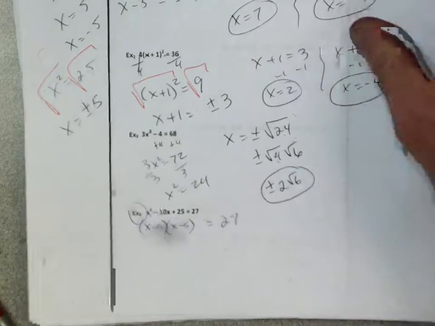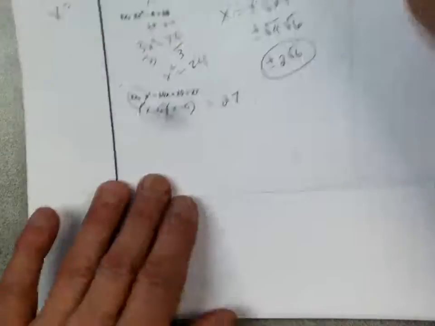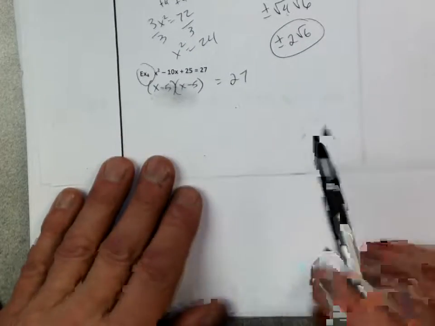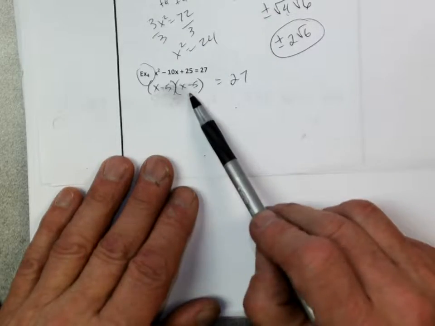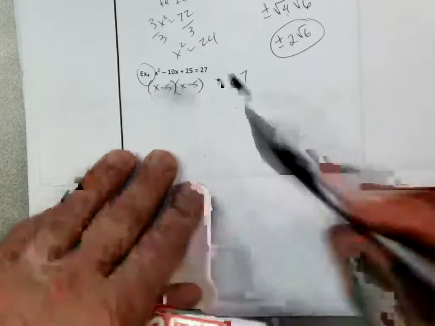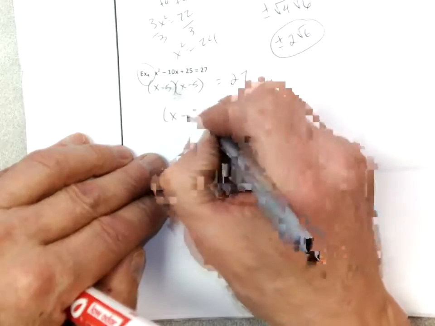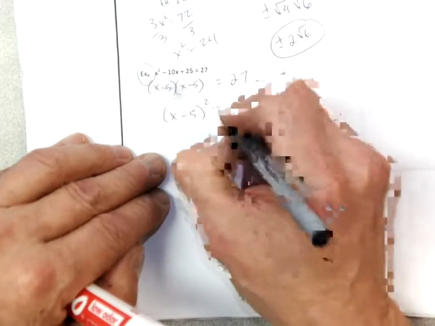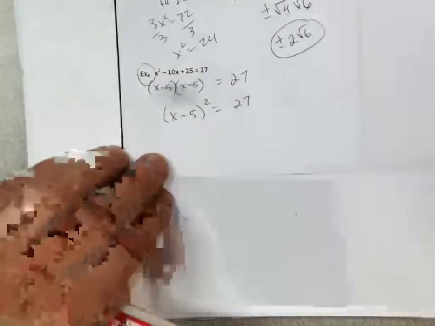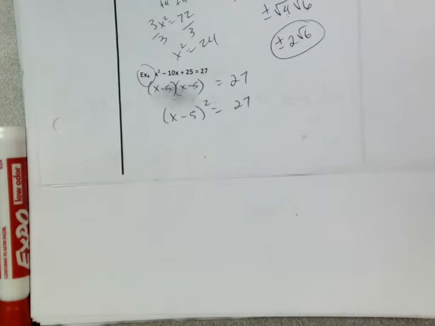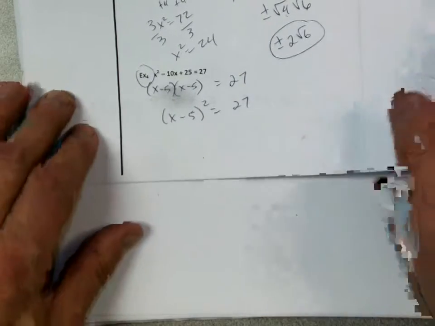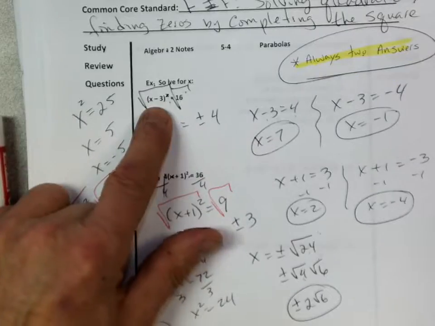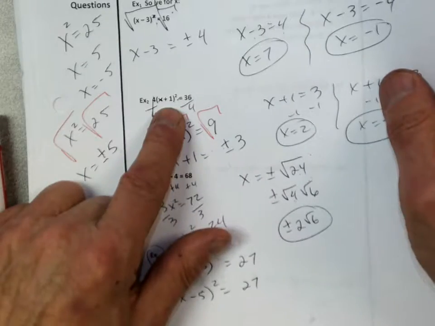Does that make sense? Okay. You guys agree with x minus 5, x minus 5? And I can rewrite this as x minus 5 quantity squared. Right? Now, it's just like one of these, right?